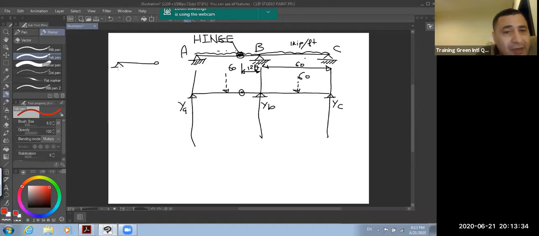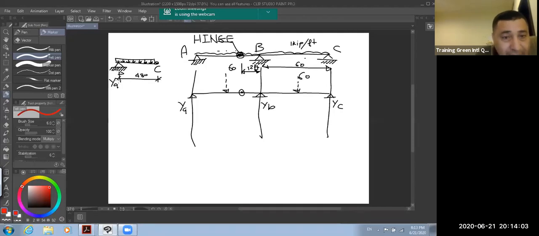Why can I calculate it? Because of this segment. I will take this segment, and this is the uniform load now. This is YA, and this is the hinge C, and this distance is 48 feet.